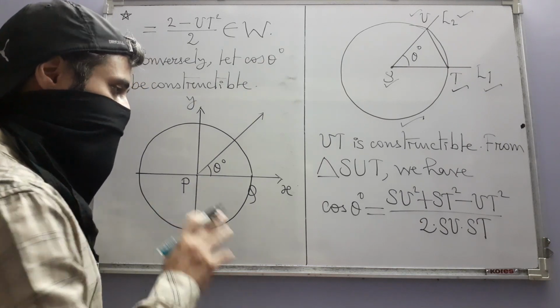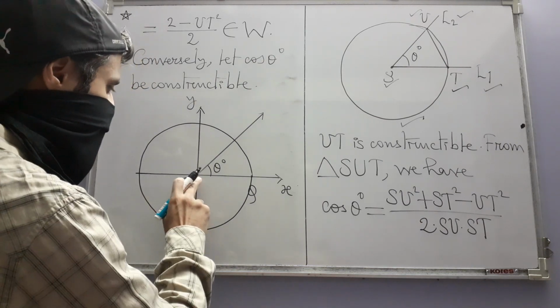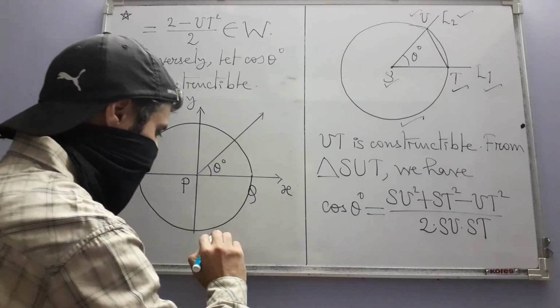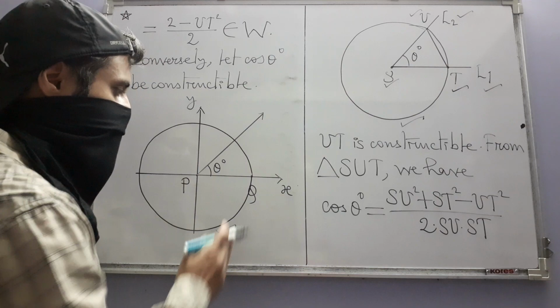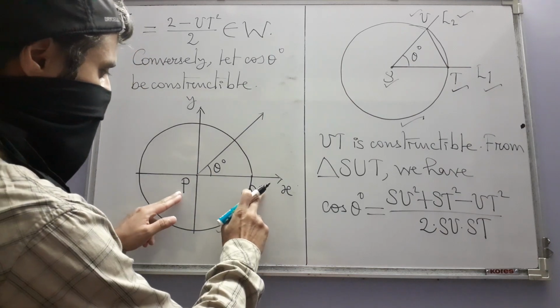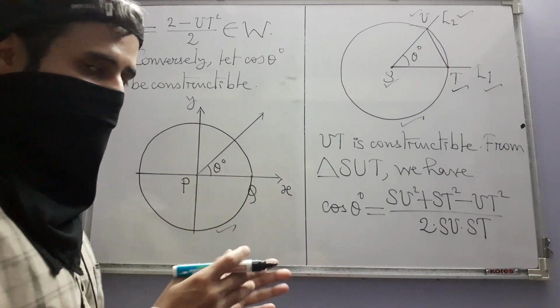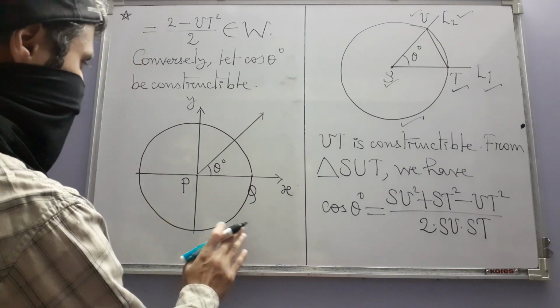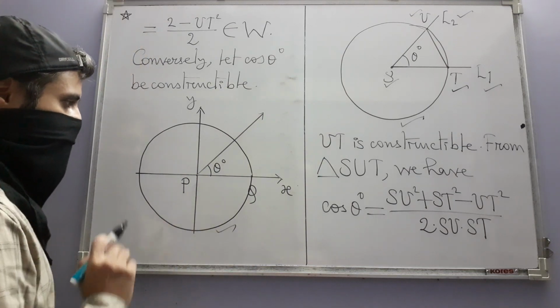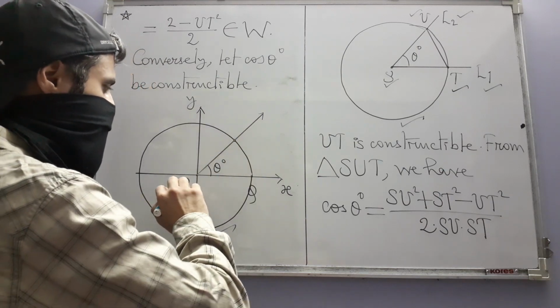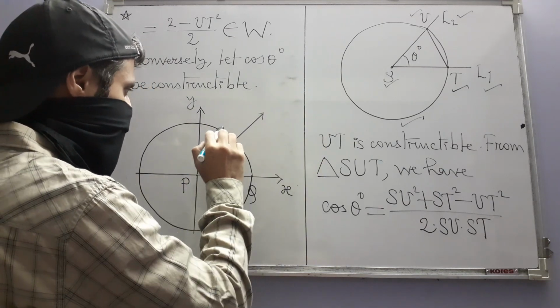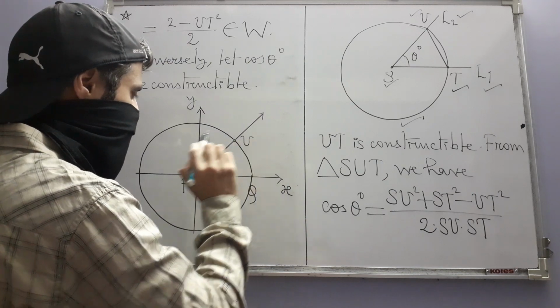Now P by definition is constructible and the radius is 1, so this circle is constructible. And of course, because the radius is 1 and the distance between P and Q is 1, this circle is going to pass through Q. Alright. Now, let the point where the terminal ray intersects the circle be, let's just give it a name, U.